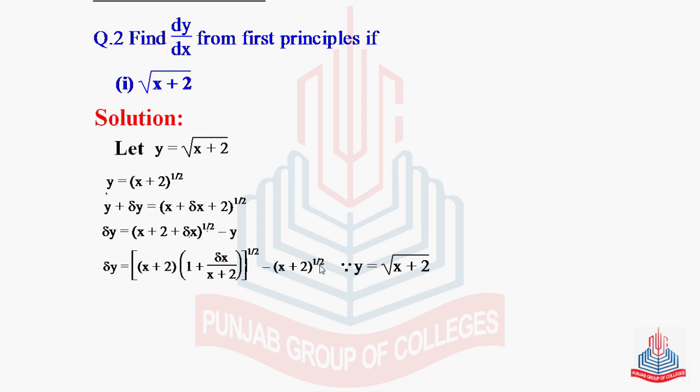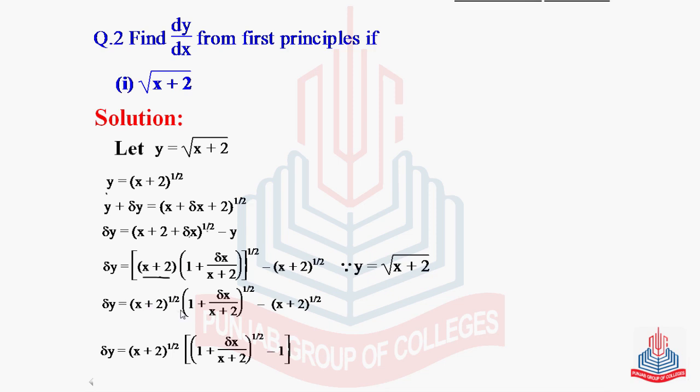Now x plus 2 raised to the power 1 by 2 will become a common factor from these two terms. By taking it common, we have x plus 2 raised to the power 1 by 2 times 1 plus delta x over x plus 2 raised to the power 1 by 2 minus 1.